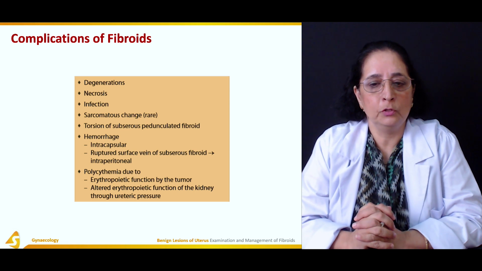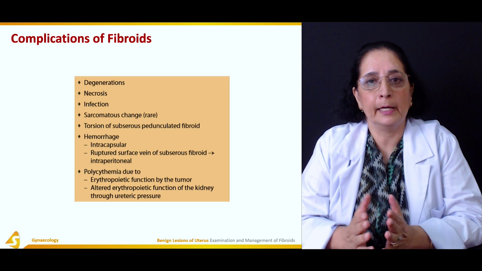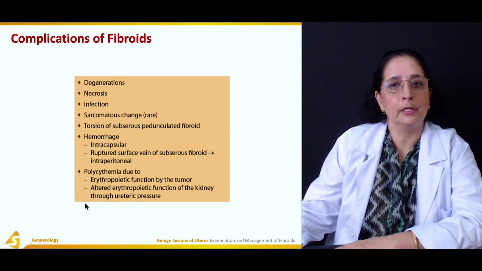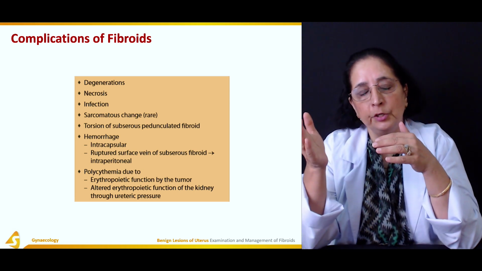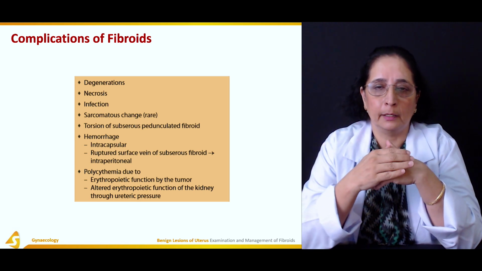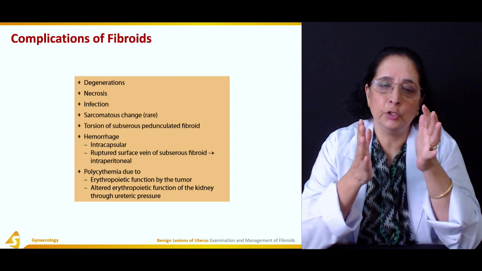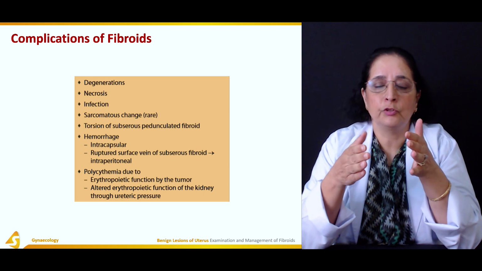This can also be due to altered erythropoietic function by the kidneys due to ureteric pressure, increased pressure on the ureter. Ureters are the tubes that bring the urine from the kidneys to the bladder. So the ureter and fallopian tubes are close to the uterus.